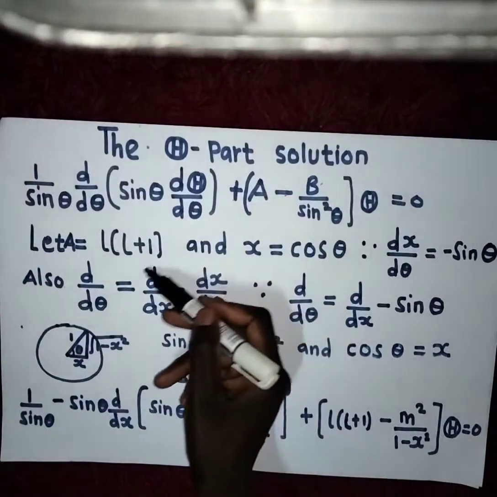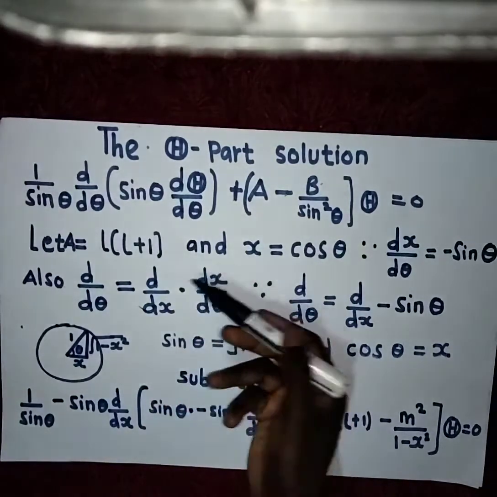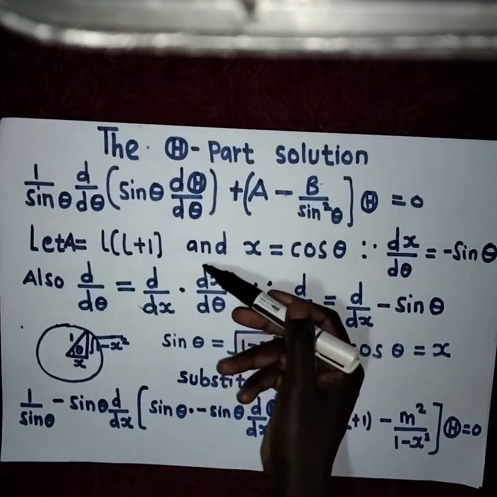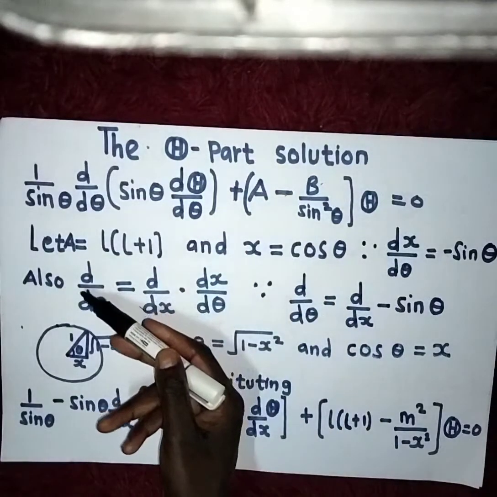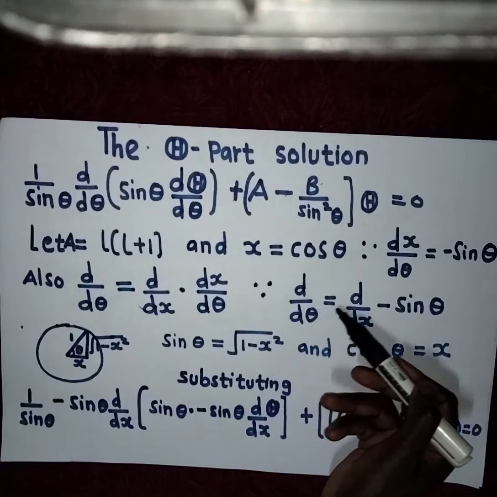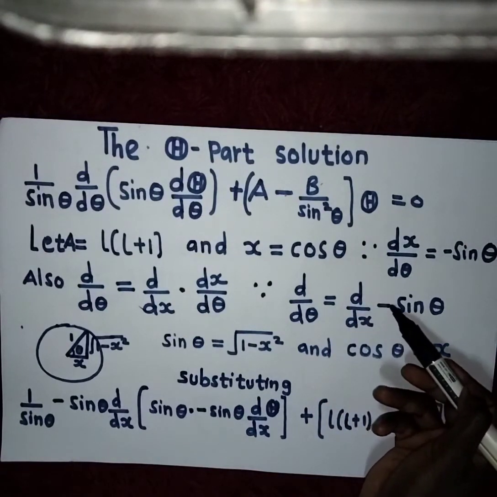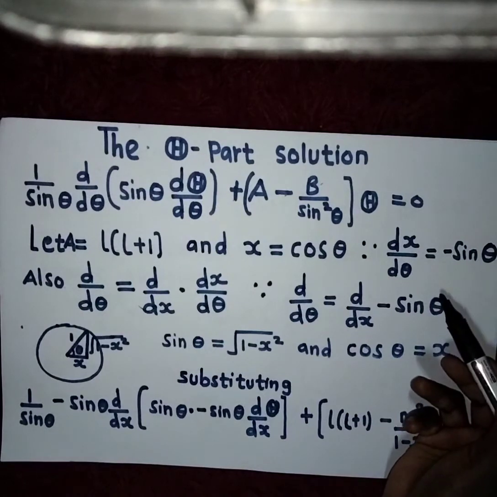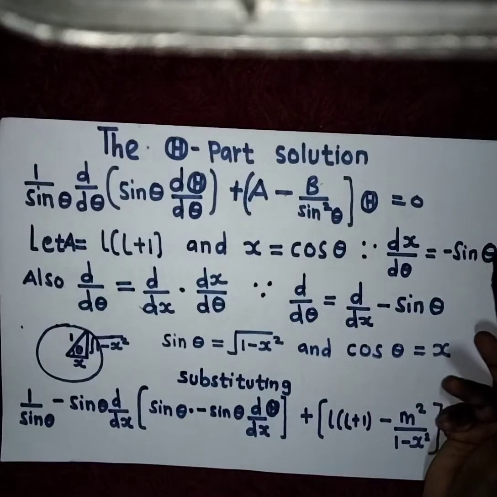This is just a beautiful way of writing this, because you can see dx goes with dx, then I remain with d theta. But I want to replace this part in another way. So d theta can now be written as dx multiplied by negative sine theta. Why so? Because you can see dx over d theta here is negative sine theta.